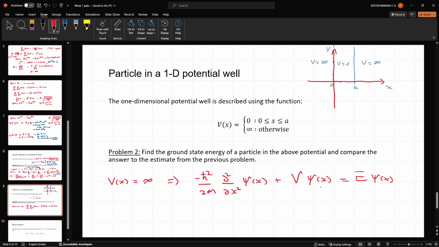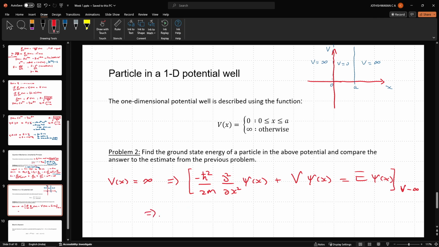So this is in the limit V tending to infinity. Now what we can do is we can divide both sides of this equation by V, and what we will find is that 1 over V over here.